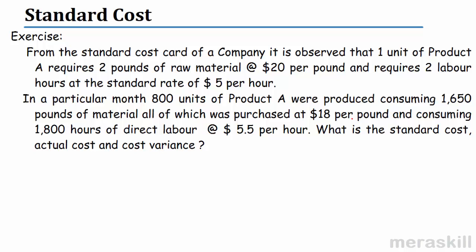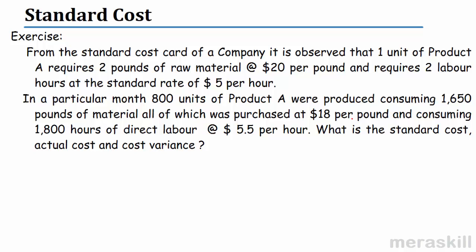Let us understand something with an example. From the standard cost card of a company, it is observed that 1 unit of product A requires 2 pounds of raw material at the rate of $20 per pound, and it requires 2 labor hours at the standard rate of $5 per hour.